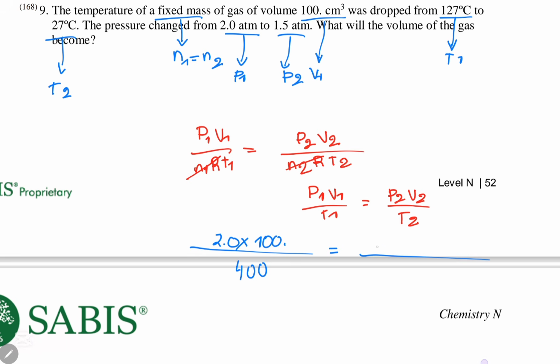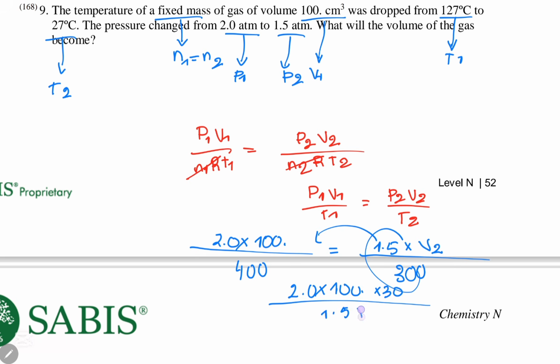So it would be equal to pressure 2, which is 1.5 atmospheres, times volume 2, which we need to find, divided by temperature 2, which is 27 plus 273, which is 300. So then you'll move these to the other side. So 2.0 times 100 times 300 divided by 1.5 times 400 is going to be equal to volume 2.